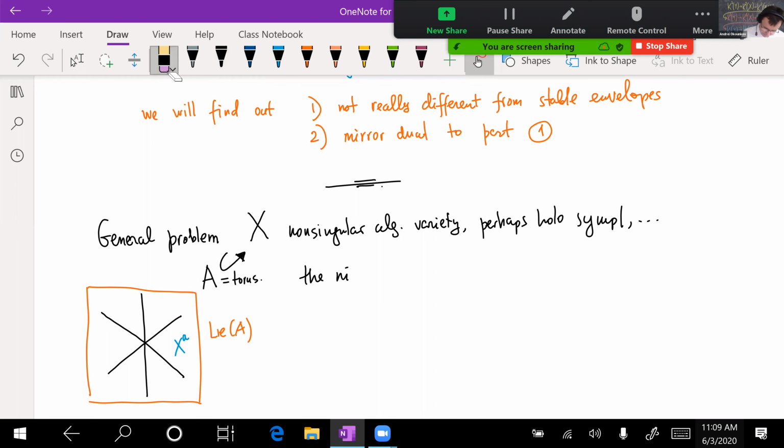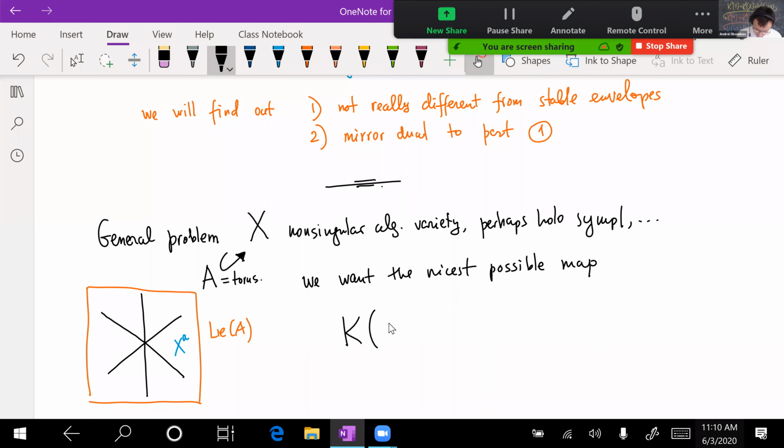the nicest possible map from the K-theory of the fixed locus. Let's consider maybe an extreme situation.